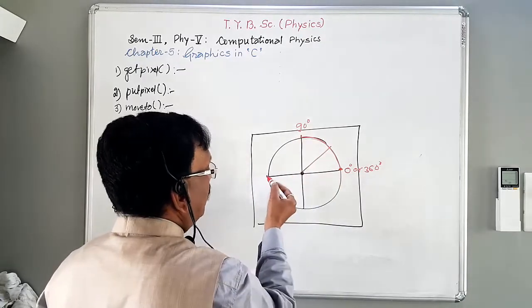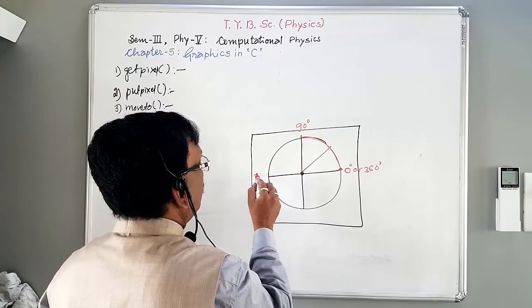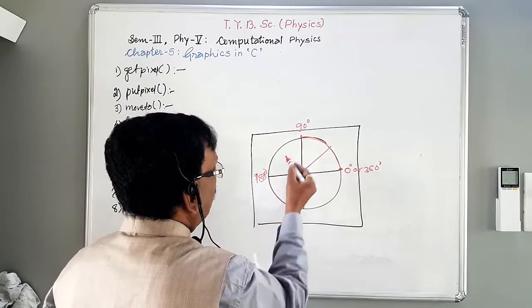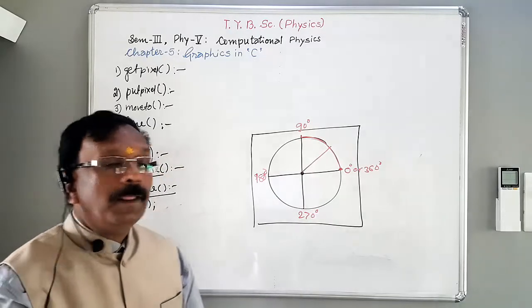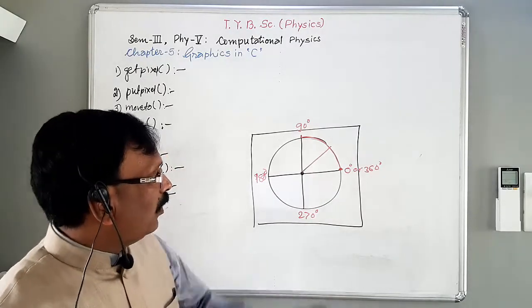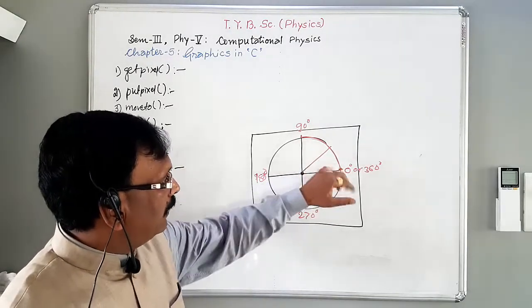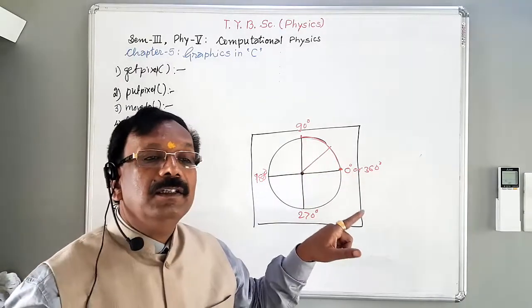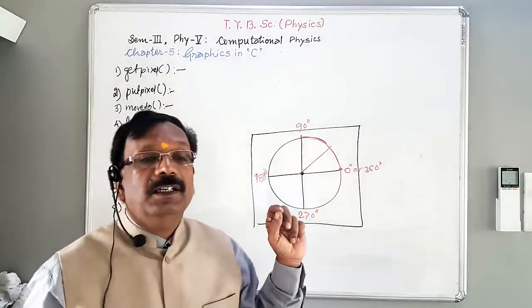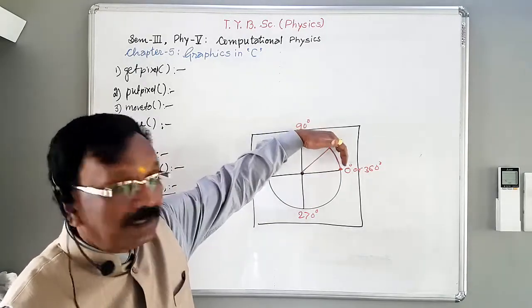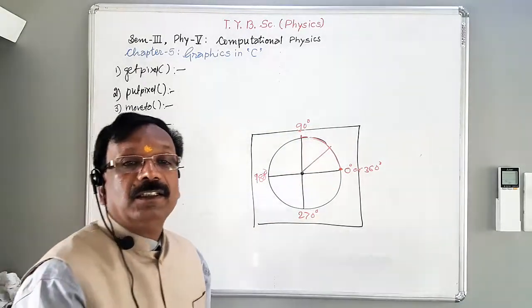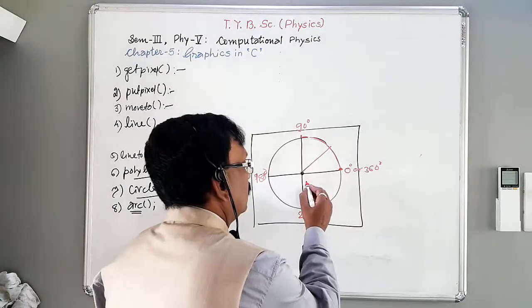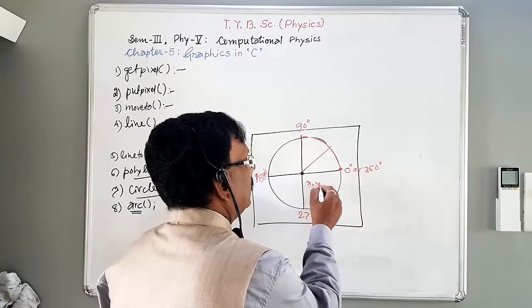If this arc is a half circle, then this is 180 degrees and this is 270 degrees. If we want to draw an arc on the screen like this, then the function arc draws a circular arc having the center at this x and y.